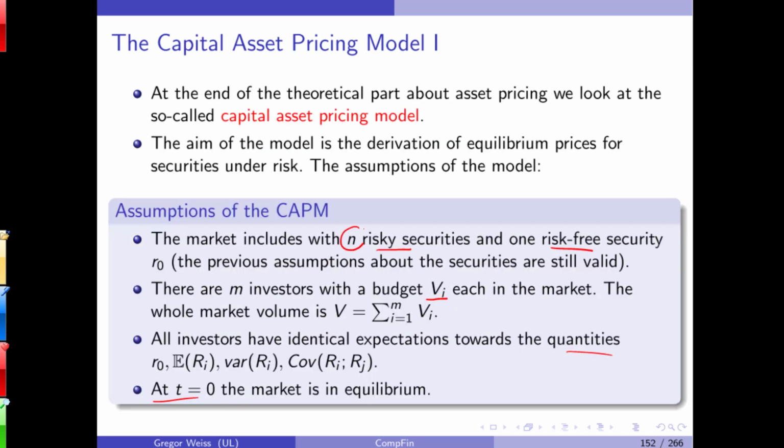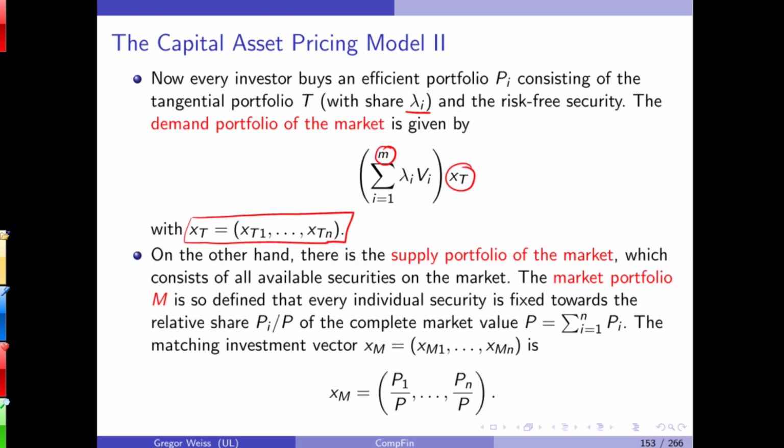Remember that we have n risky securities, so we need to know which securities every investor buys. It could be, if you only buy one security, just 1, 0, 0, 0, 0, 0, depending on the volume, but you can also spread your investments.